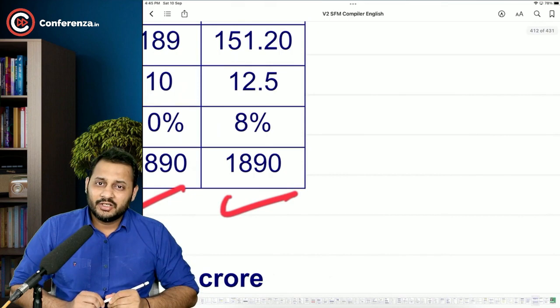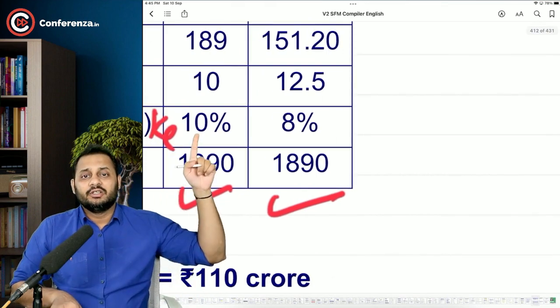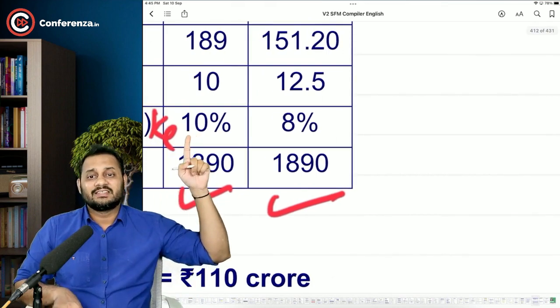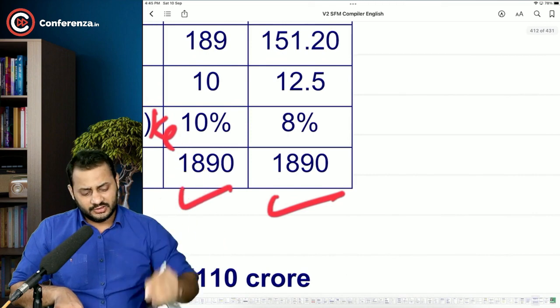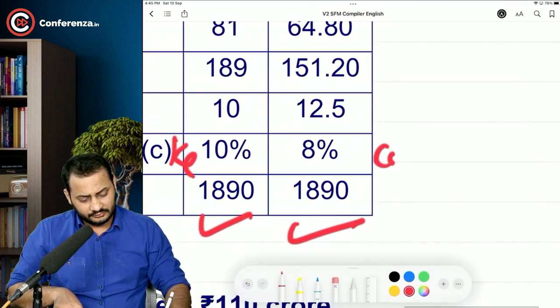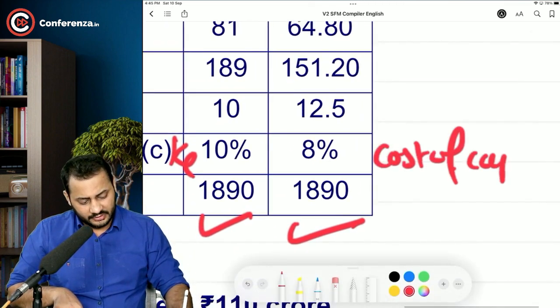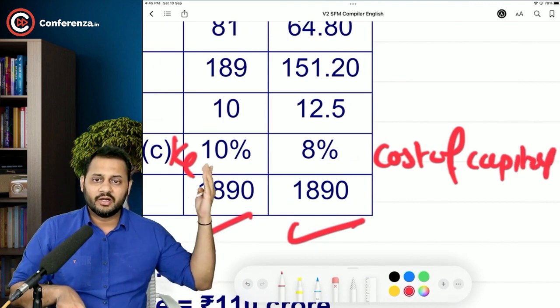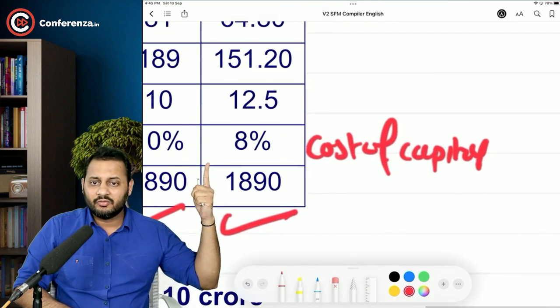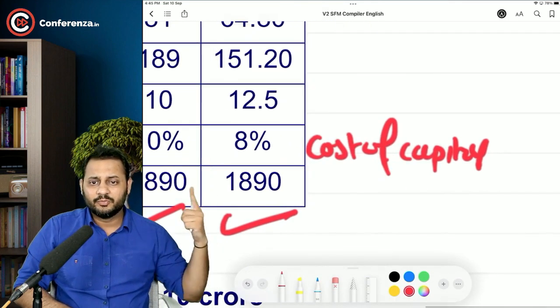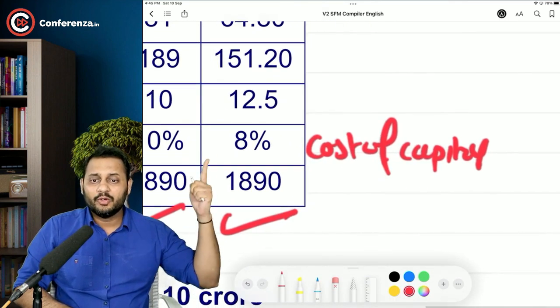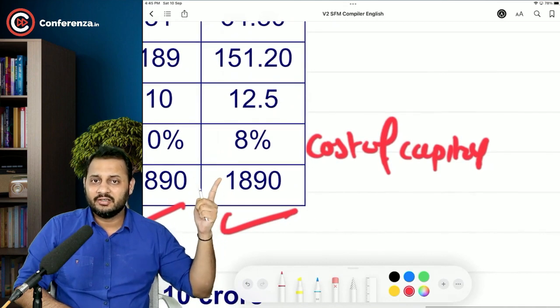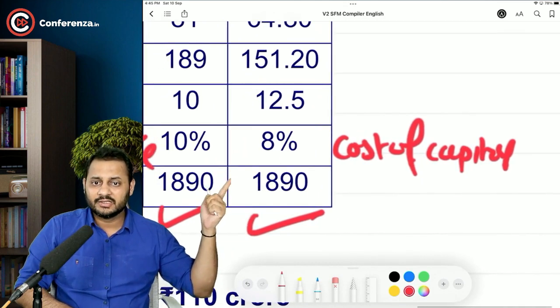So which unit will you divest? The unit which is costing you more, that is 10%. This is the cost of capital, right? So if the cost of every 1 rupee is 10% here, why would you keep this? Because both have the same value. You have to pay only 8% on 1890 in keeping this business.